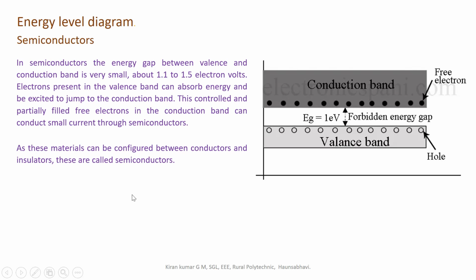As the material can be configured between conductors and insulators, we call it a semiconductor. The best examples of pure semiconductors are germanium with atomic number 32 and silicon with atomic number 14.